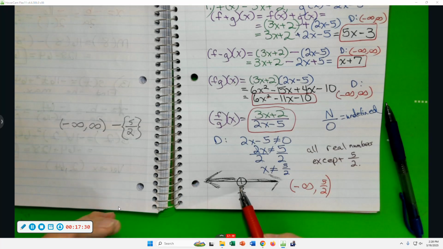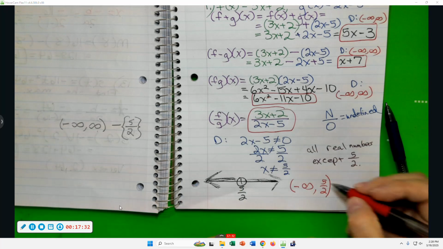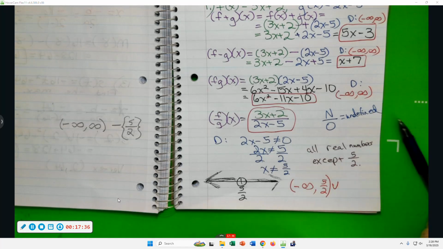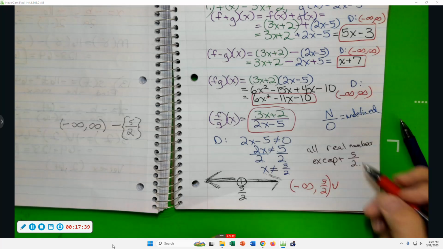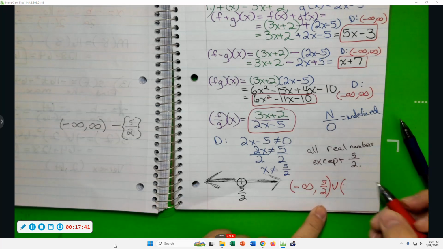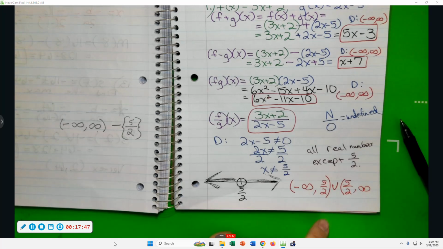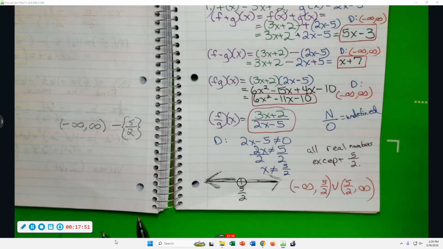A bracket would say you're using that number, and then you have to have a union, and then you want to say all the numbers to the right of 5 halves. Open parentheses. 5 over 2, comma, positive infinity. And what always goes after? Close parentheses. Okay. There's the domain.